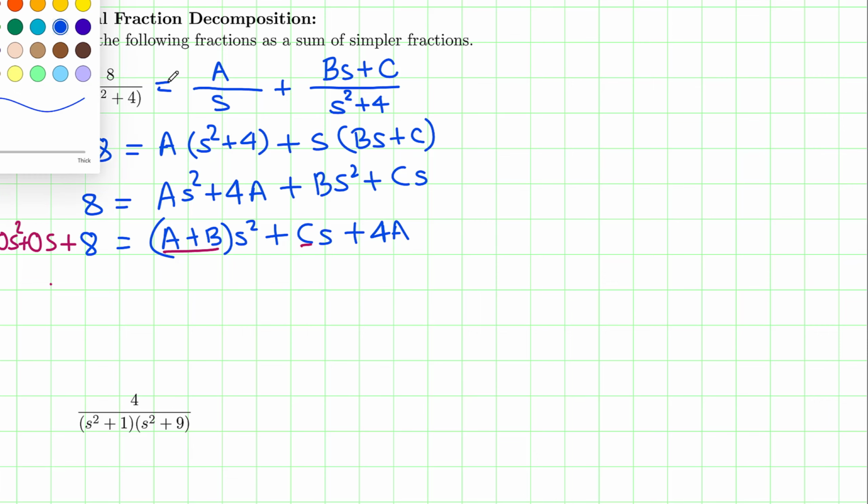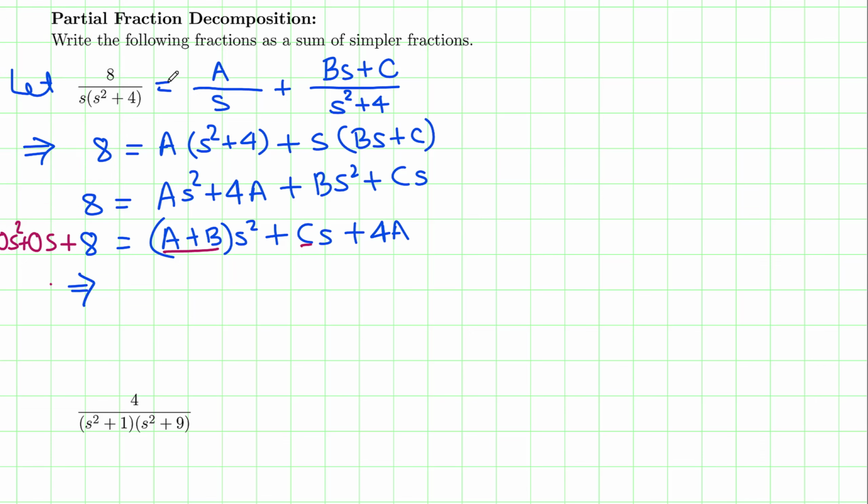There is no s squared term on the left, so this coefficient must be 0. There is no term containing s, so c is 0, and 4a is 8, the constant.